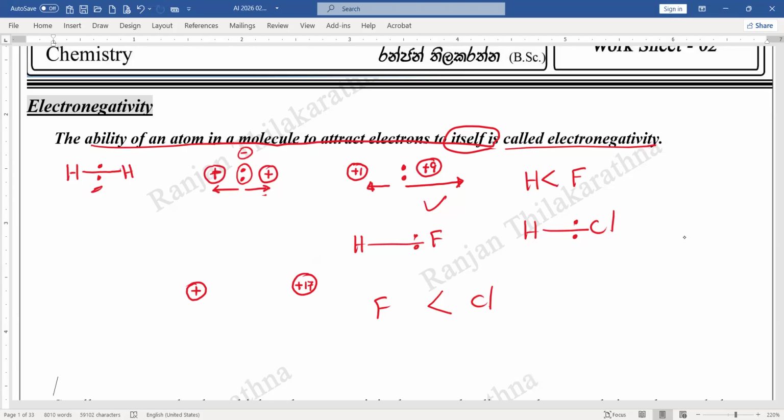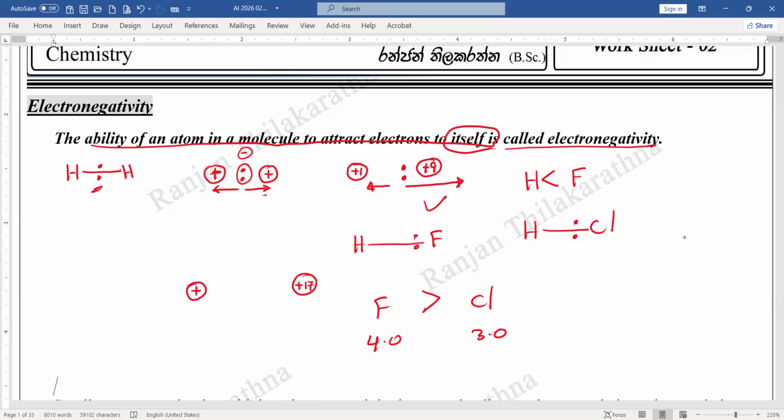When we compare those values, you will see that the value of fluorine is 4.0 and chlorine is 3.0. That means fluorine has a higher electronegativity than chlorine. That means the nuclear charge is not the only factor which decides the electronegativity.